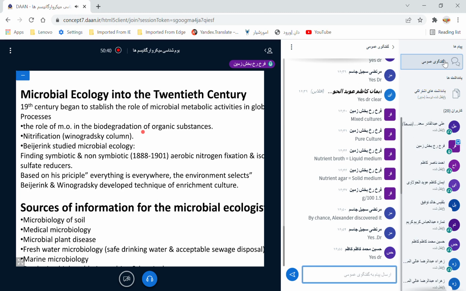So microbial ecology is the first step for going through biotechnology in agriculture, in medicine, in medical processes, and in bioremediation, in cleaning the ocean and the soils, which can be helpful.